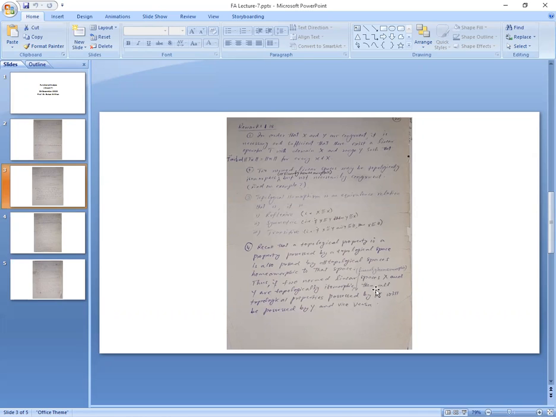And that result says that if X and Y are two normed linear spaces, then these two normed linear spaces are topologically isomorphic if and only if there exists a linear operator T with domain X and range Y and two positive constants small m and capital M such that this inequality is satisfied.